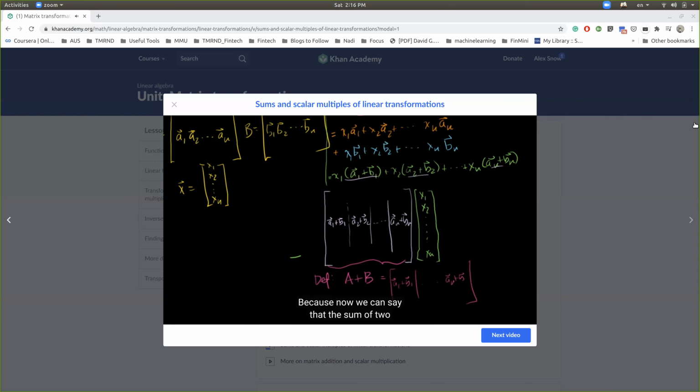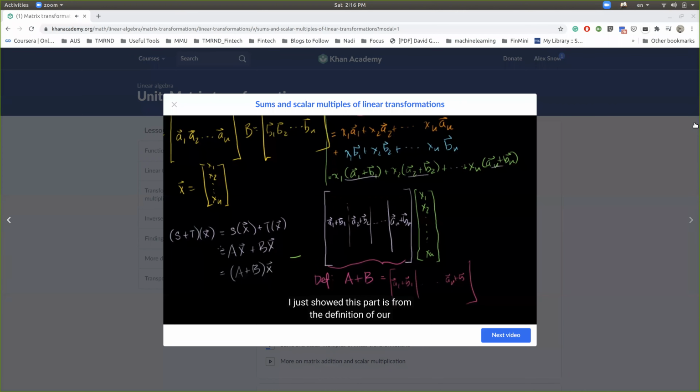Because now we can say that the sum of two transformations, so (S plus T) of x, which is equal to S of x, this is a vector, plus T of x, which we know is equal to A times x plus B times x, we can now say is equal to some new matrix, which we can now call (A plus B) times x, right?